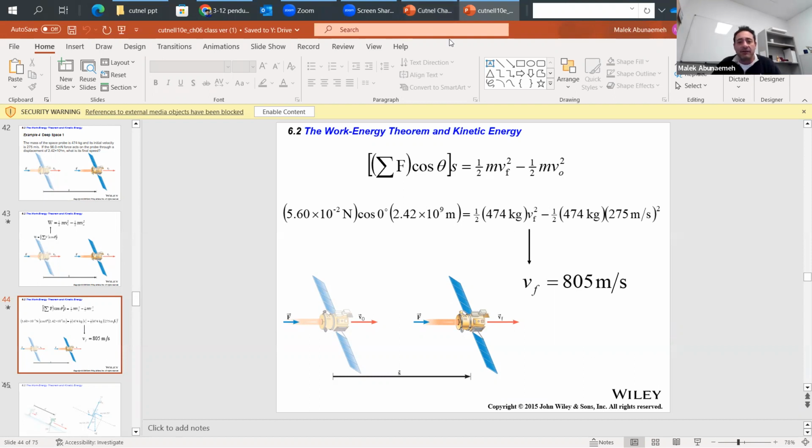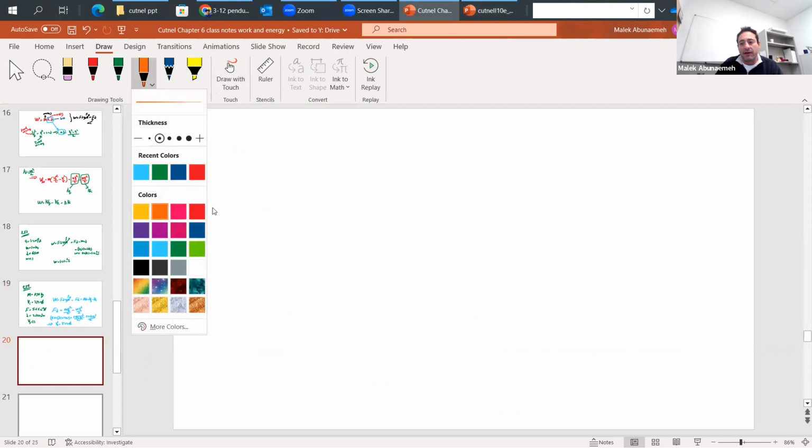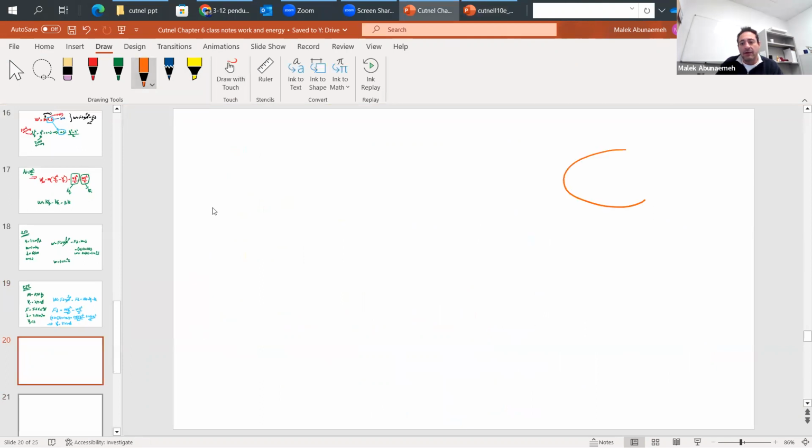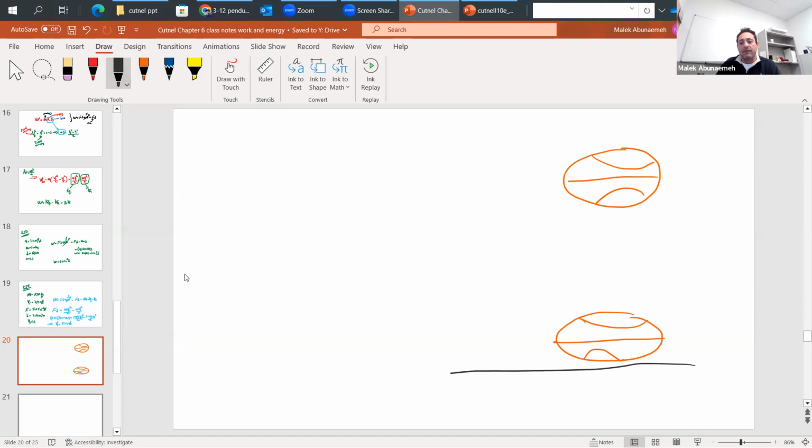Now, supposedly you have a basketball. Let's say you have this basketball coming down right over here. So here's your basketball, and you drop it down to the floor, so it becomes right over here. And here's the floor. Now, what is this distance called?